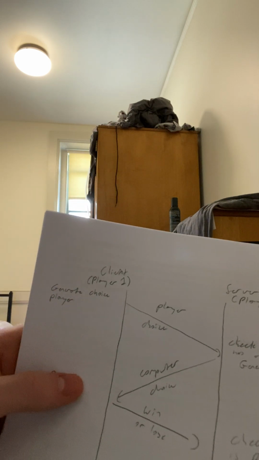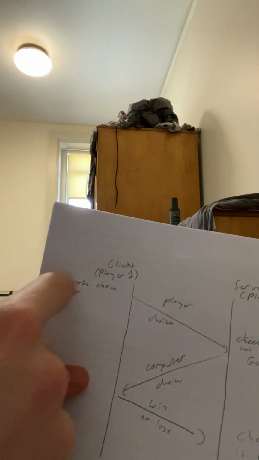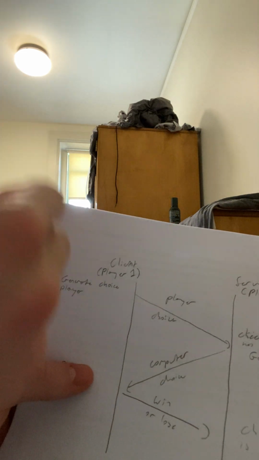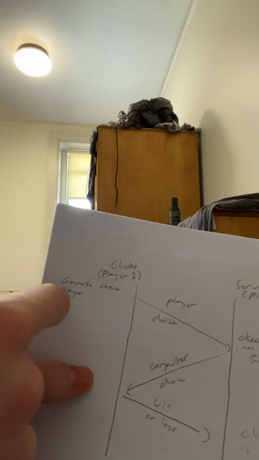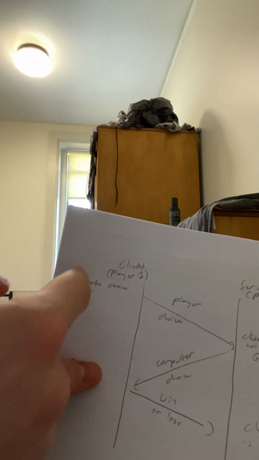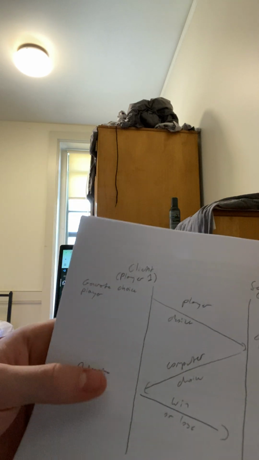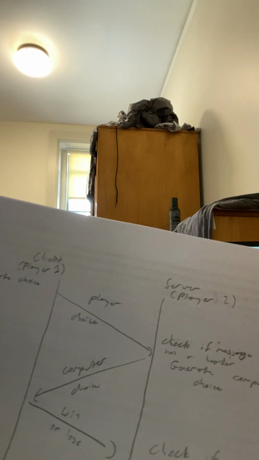And this choice has a message attached to it. In this choice, I put PLAY as a header, just the letters PLAY, and after the client adds this header, it sends this choice to the server. Now, the server needs to check the header, the first characters of this message.